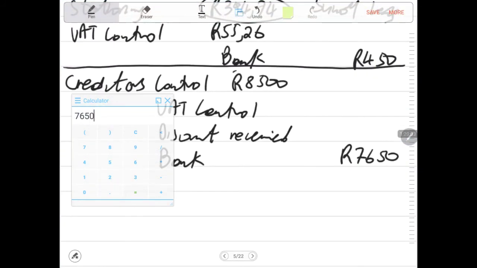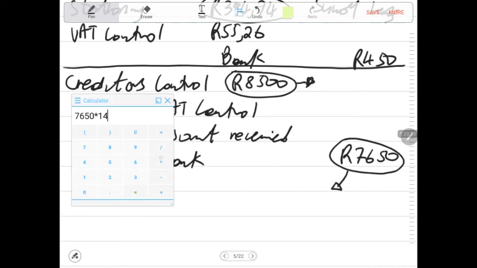This is the amount we claimed VAT input from SARS on, assuming that we're going to pay that amount, but we ended up paying this amount. So now let's calculate how much is the overstated amount of the discount. Times by 14 over 114. Then we say this is the VAT we're supposed to have paid.